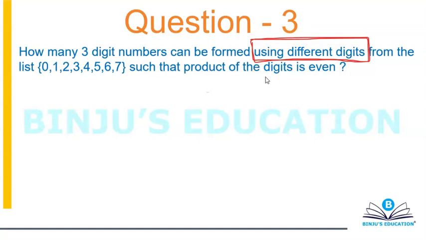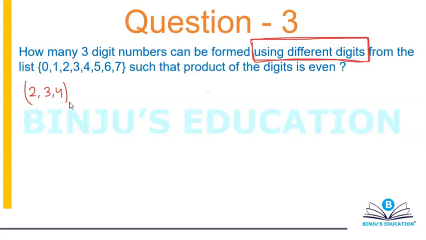For example, let me make you understand. Let's say I have 3 digits 2, 3 and 4, and the question is how many different 2-digit numbers can we form using the digits 2, 3 and 4?